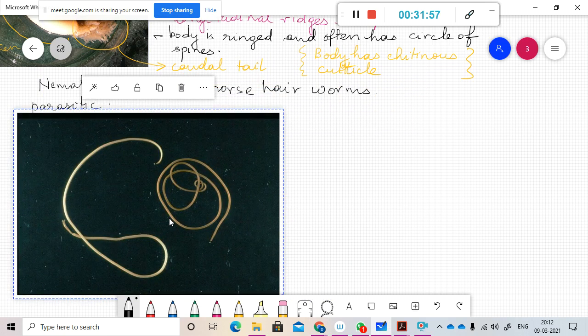So they look like this, like the hair of a horse.